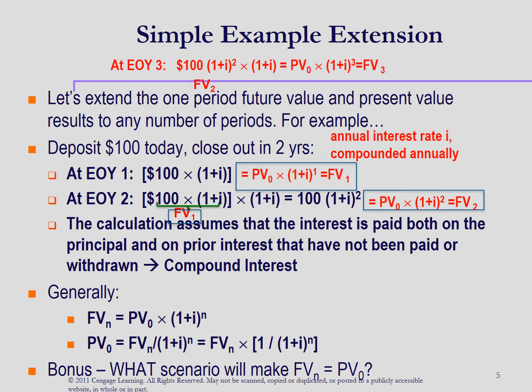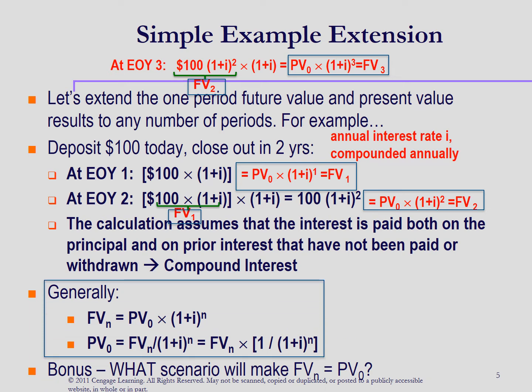Now, if we don't close out the account in 2 years, but in 3 years, then at the end of year 3, the account balance will be the account balance at the end of year 2, represented by FV2, times 1 plus interest rate, equal to the present value today times 1 plus interest rate raised to power 3, represented by the symbol FV3.